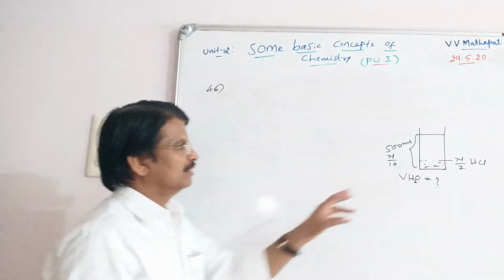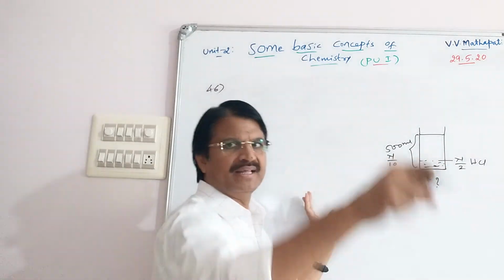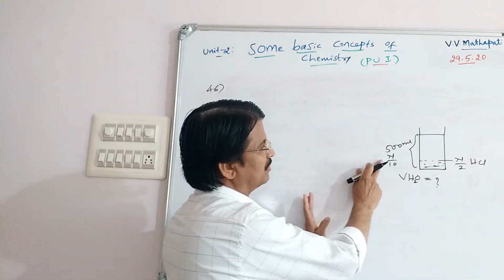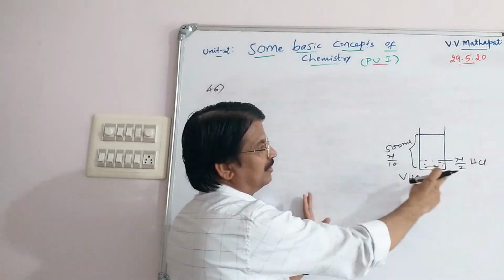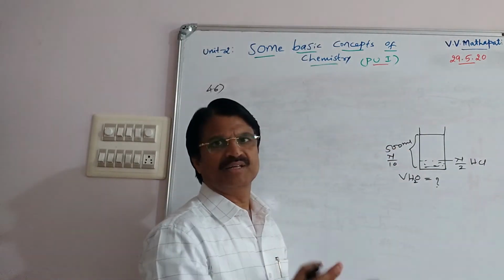Now in a beaker, we already have 0.5 N HCl, and we are adding some quantity of water to get N by 10. N by 2 becomes N by 10. It's diluted. But how much water is added, that you have to calculate.